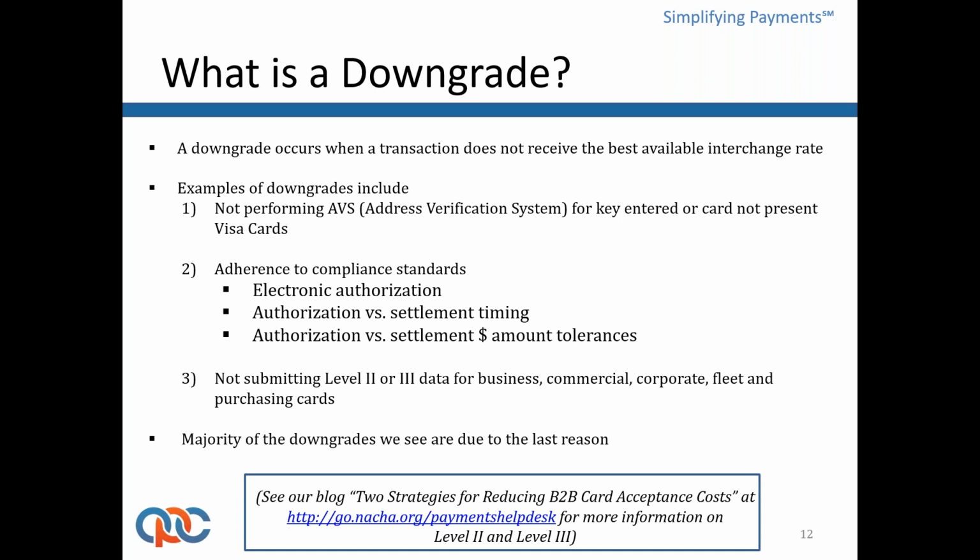Well, that's not an electronic authorization. You would end up paying a higher interchange rate. Another example is, let's say you try to get an electronic authorization, but the authorization is declined, but you still go ahead and settle that transaction anyway. Well, you didn't get a valid electronic auth, therefore you're going to pay a higher interchange rate.